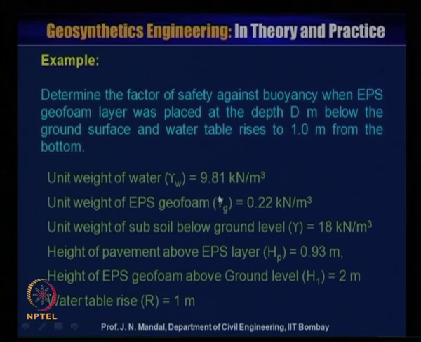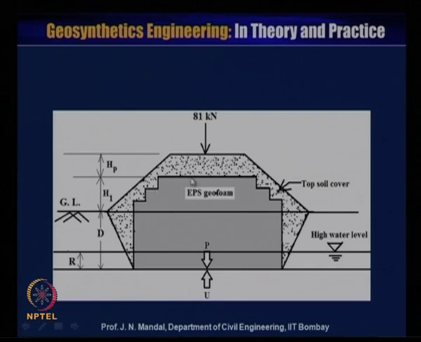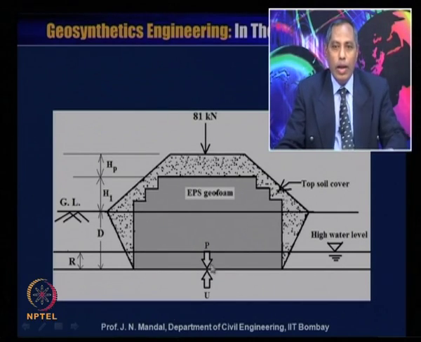The unit weight of water gamma W is 9.8 kilonewton per meter cube, the unit weight of EPS geofoam gamma G is 0.22 kilonewton per meter cube, the unit weight of subsoil below the ground level gamma is 18 kilonewton per meter cube, the height of the pavement above the EPS layer HP is 0.93 meter, the height of EPS geofoam above ground level HT is 2 meter, and the water table rise R is 1 meter.